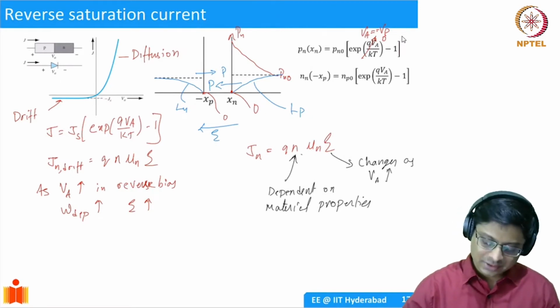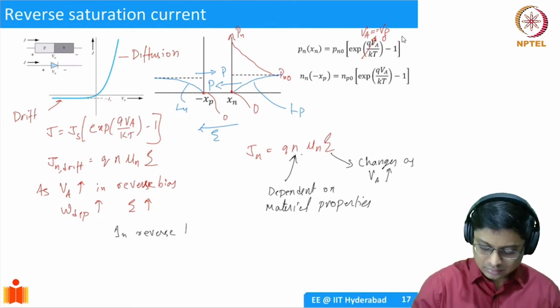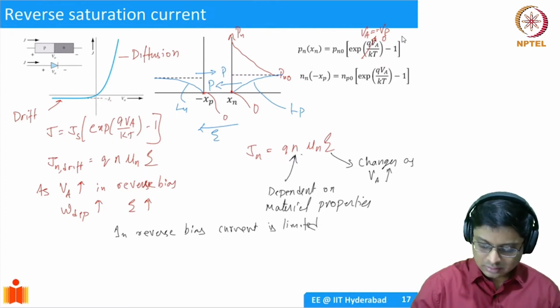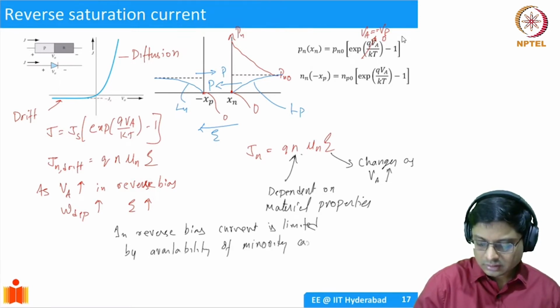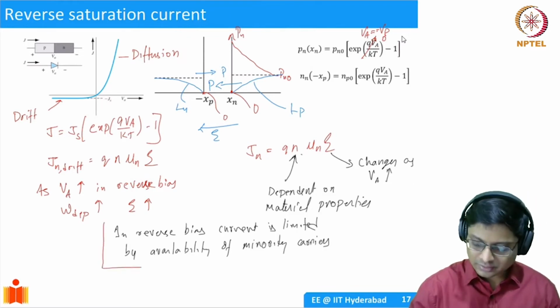J in reverse bias: the current is limited by the availability of minority carriers at the edge of the depletion region.